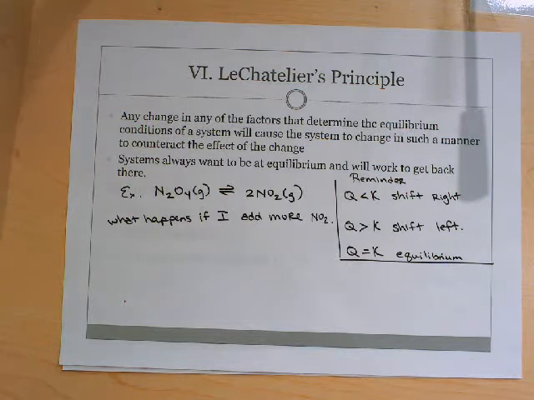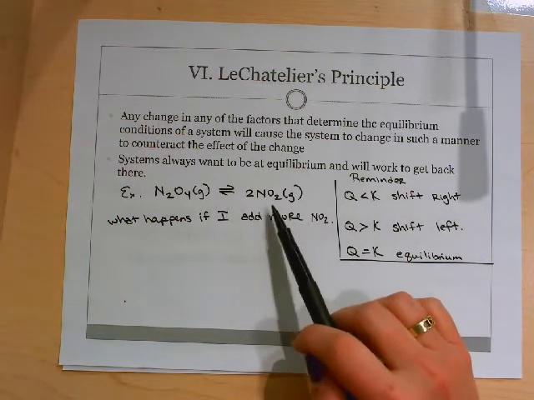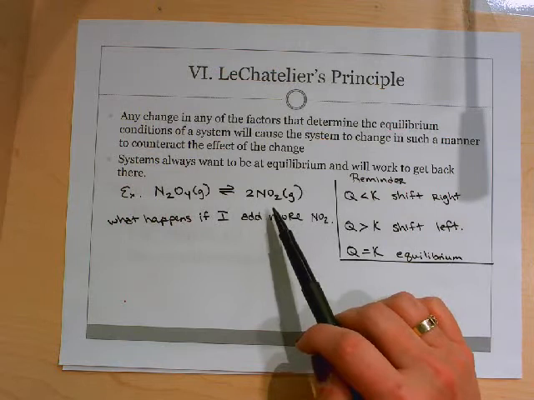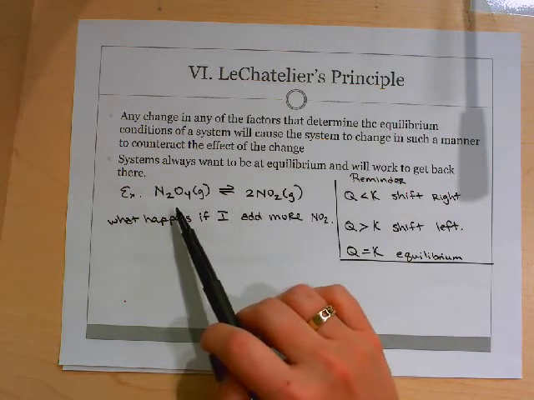What happens if I forcibly add more nitrogen dioxide to the reaction? What will the reaction choose to do to get back to equilibrium? Shift left, right? Because I just put in a bunch more products. So it's going to have to shift left to balance everybody back out.